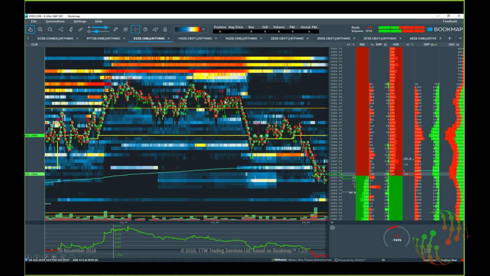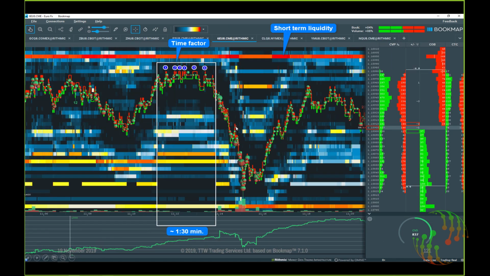And you see the behavior of the matching engine here as well. Consider the time factor here. This is the euro US dollar here. No one wants it, 2 times, 3 times, 4 times, 5 times, 6 times, for 1.5 minutes here.